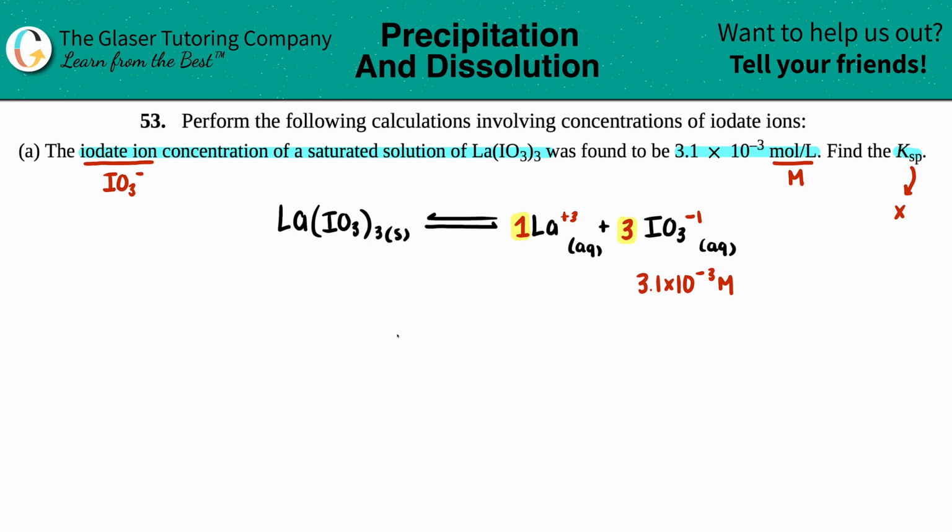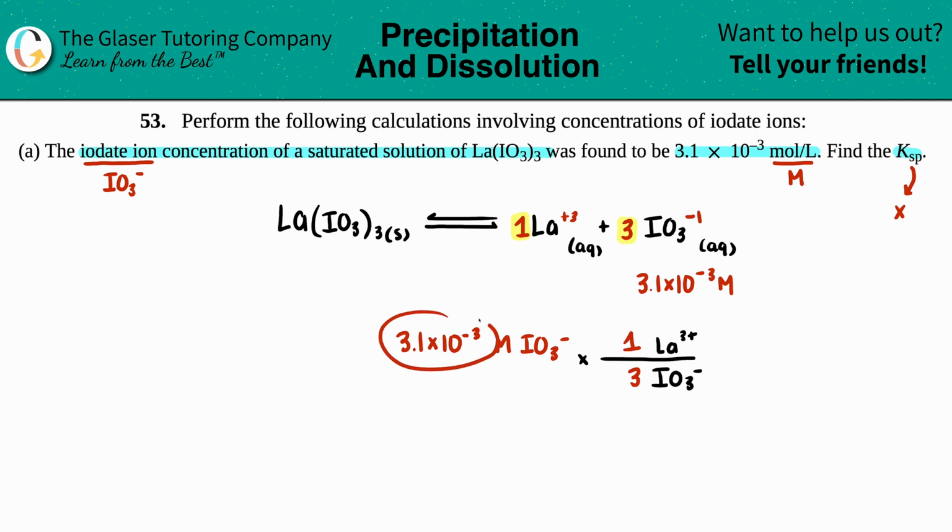So 3.1 times 10 to the negative third, that's the molarity of IO3, times the ratio. IO3 goes on the bottom, and your La3+ goes on the top. Since there's 3 iodates for every 1 La, all we have to do is take that value and divide it by 3. It kind of makes sense. The iodate ion is always going to be 3 times the amount of your La.